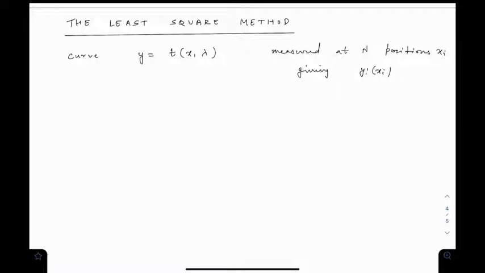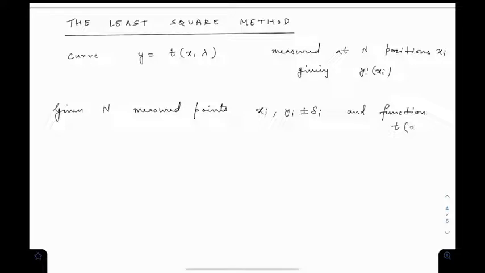So, given n measured points, x i and y i along with some errors associated with them, and a function known up to some free parameter theta, the latter, the parameters, are determined such that chi square takes its minimal value.